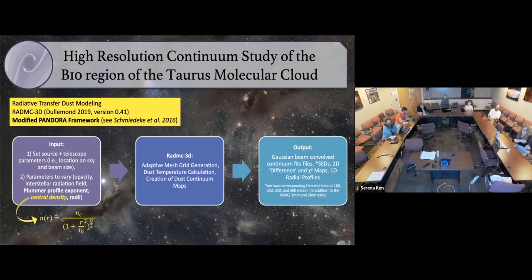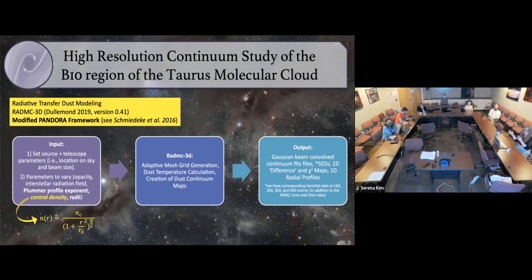an input of your telescope parameters, your location on the sky, and then you have parameters that you can vary, such as opacity, interstellar radiation field, the profile of your core, how steep it is, the radius of it, the central density, which is a very important evolutionary parameter.